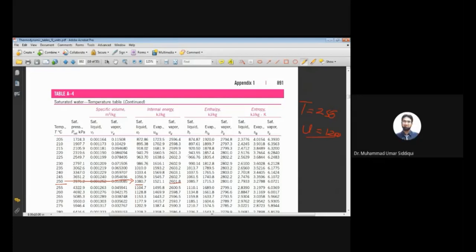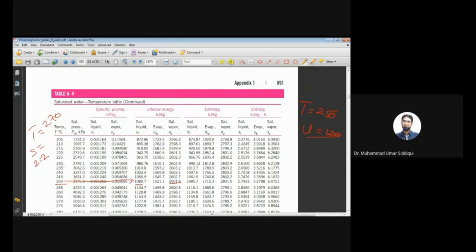Now let's say that our T is 270 and S is 2.2.